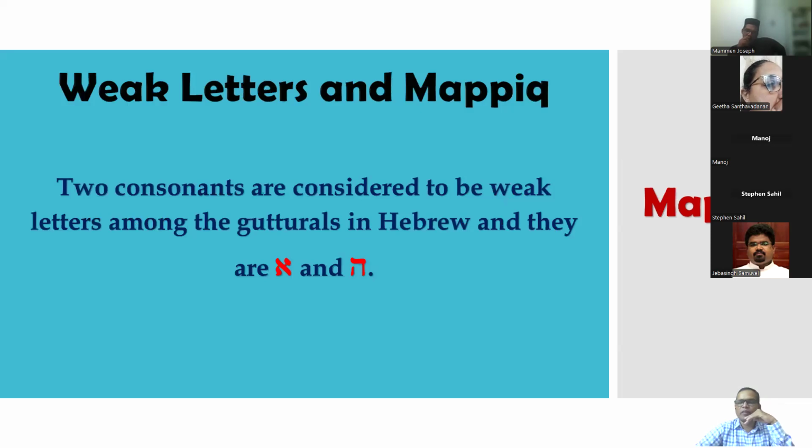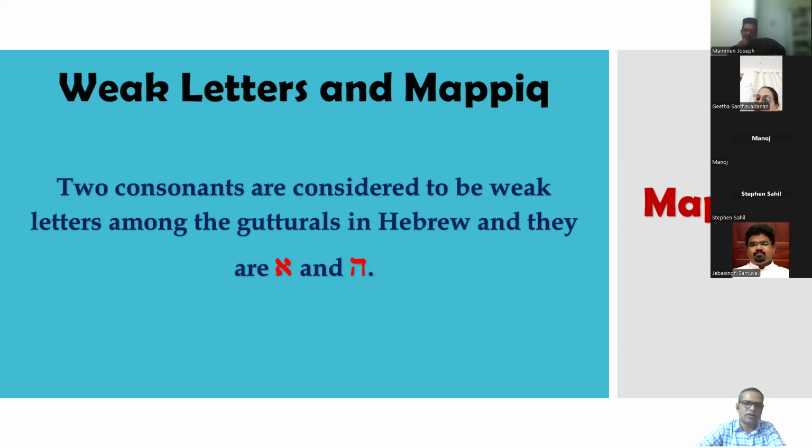Similarly, he can be pronounced when it appears in the beginning of a word and in the middle of the word, but at the end of the word it cannot be pronounced. Why are aleph and he weak letters? You have to recollect what we have learned in the vowels. Aleph and he functioned as vowel indicators, aleph and he for A class vowel, for the ha sound.